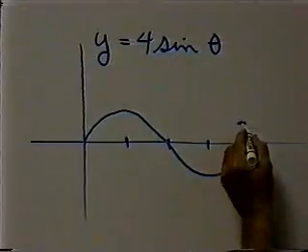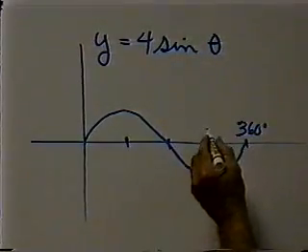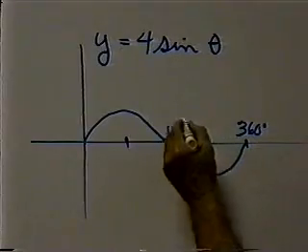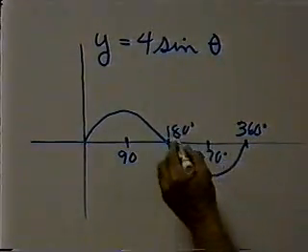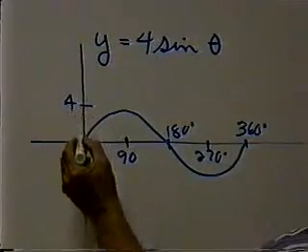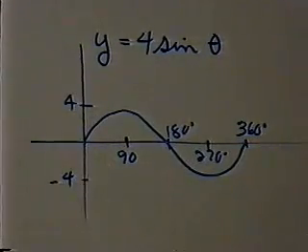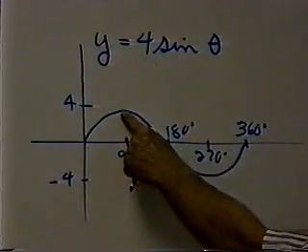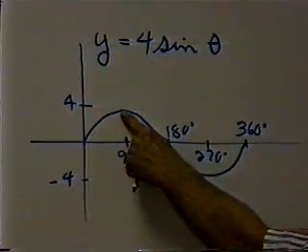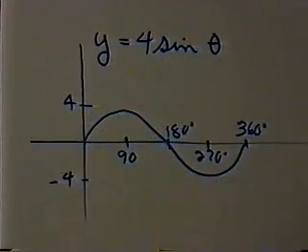The numbers are still 360, 180, 90, 270. But now this is 4, and this is a minus 4. Whatever number's in front now takes that 1 that we were dealing with in the sketching and makes it 4.